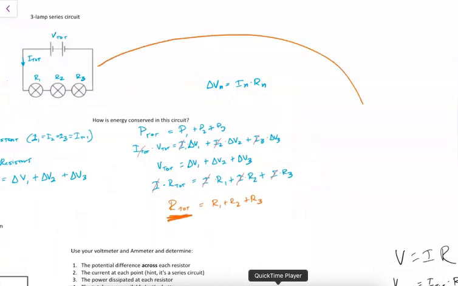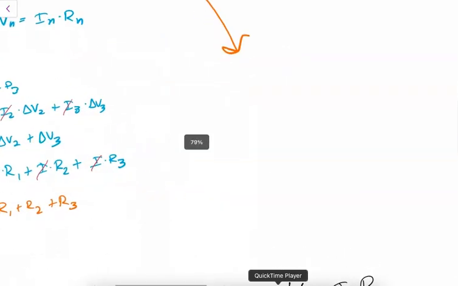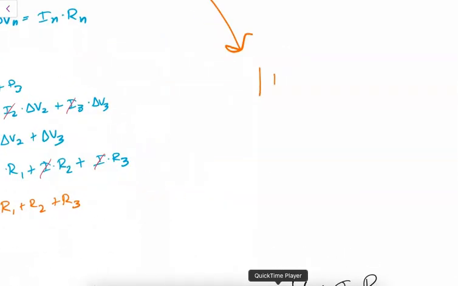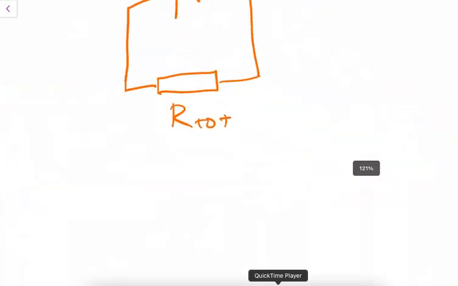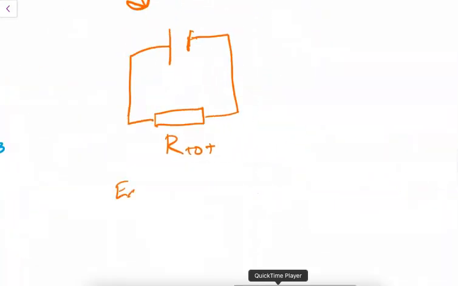We're taking this circuit and creating an equivalent circuit, where instead of having 3 lamps, we're combining them and just saying, what is my resistance if there's just 1 total resistance. And this is called an equivalent resistance.